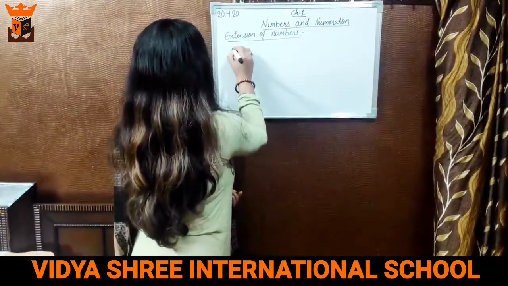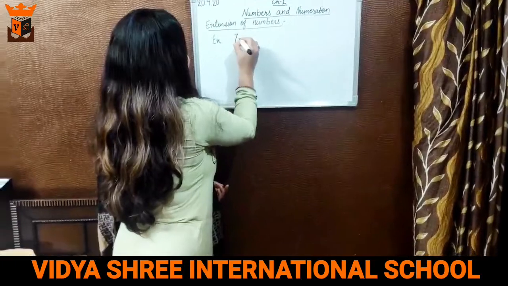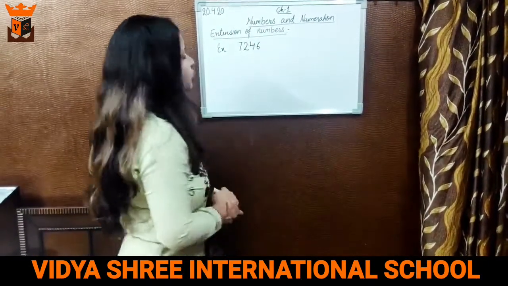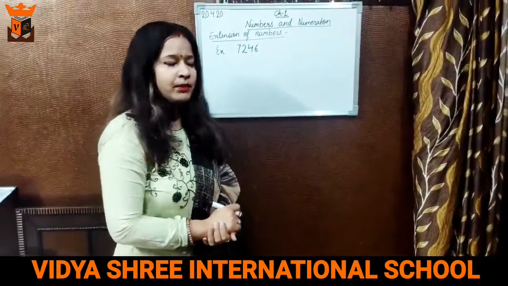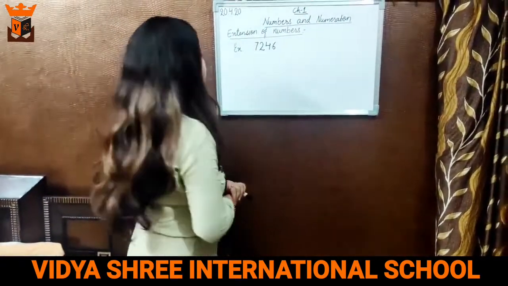Let us take an example to understand this concept. Suppose I am taking here a 4-digit number, 7246. Now we have to extend this number. What we have to do?